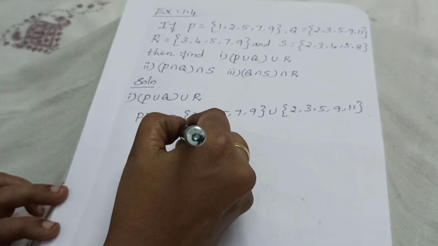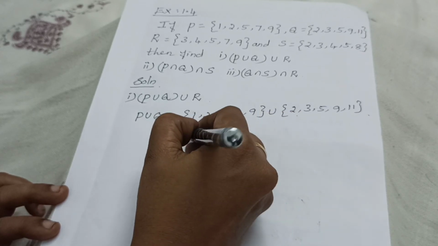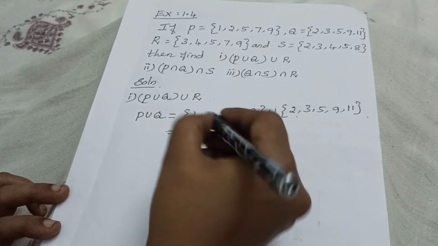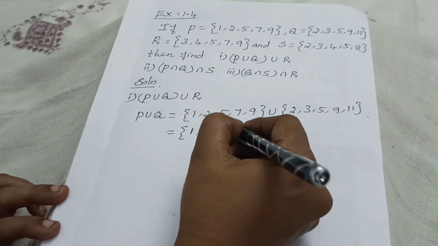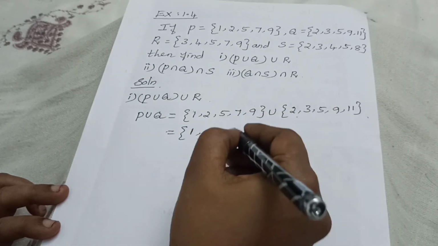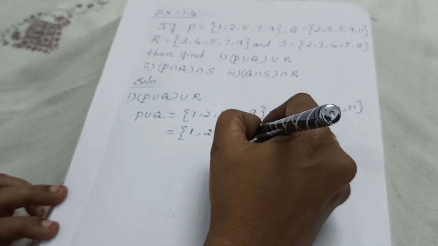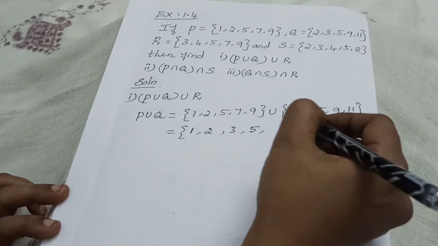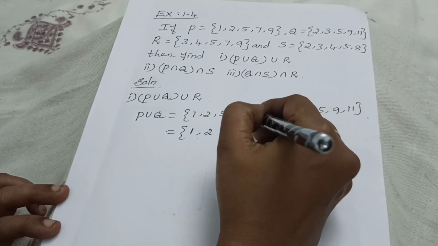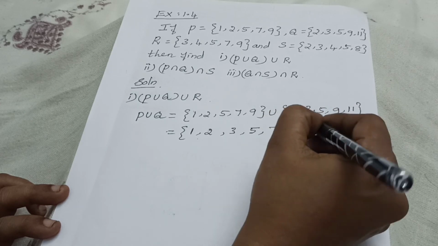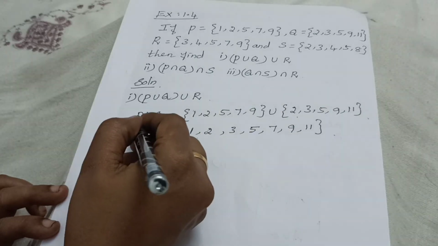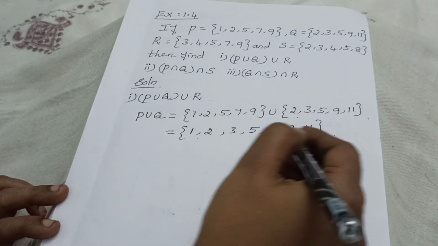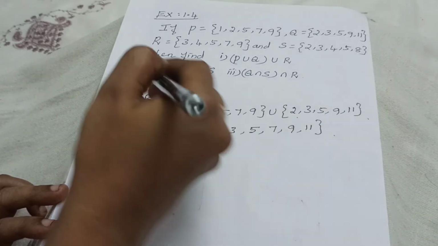Together we have to write these two. Then 1, then 2 is in both, one time we should write it. Then 3 is in the Q set, 3. Then 5 both also, 5. Then 7. Then 9 both also. Then 11, the remaining one. Then P union Q is this answer we got, isn't it?